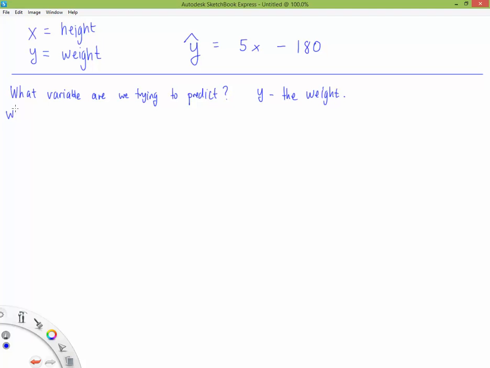What variable do we use to make our prediction? That's x, the height. If somebody gives me the height of someone, we're going to use that to make a prediction for the weight. This is just a very simplified equation.